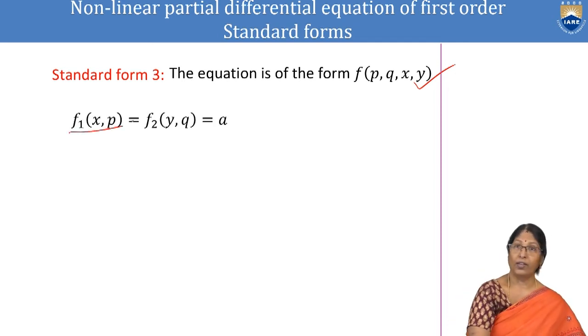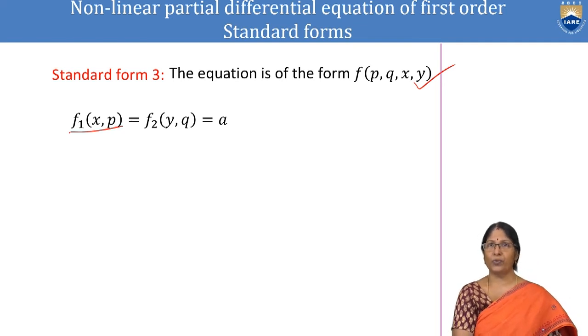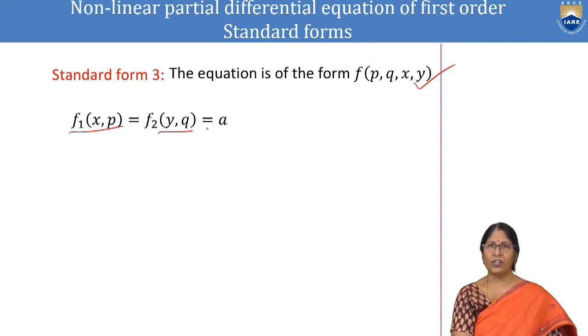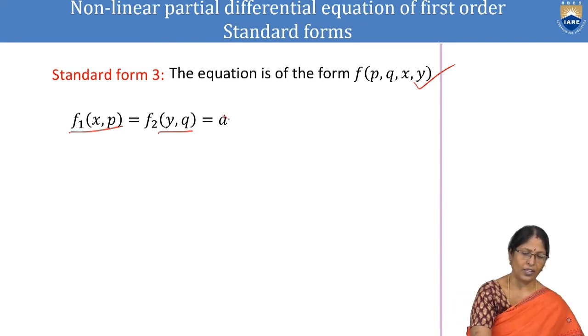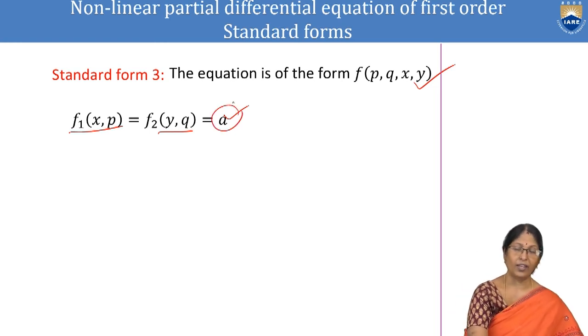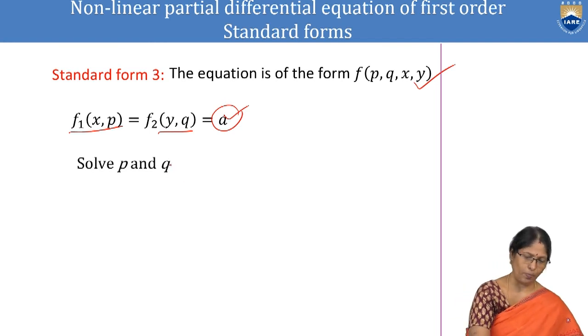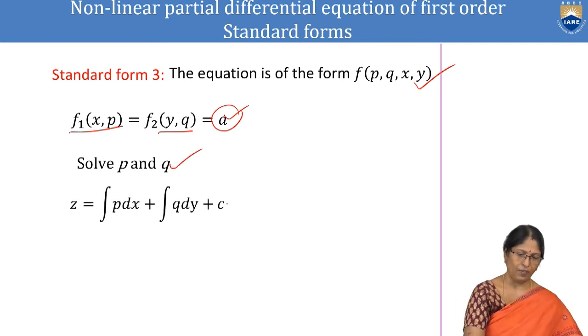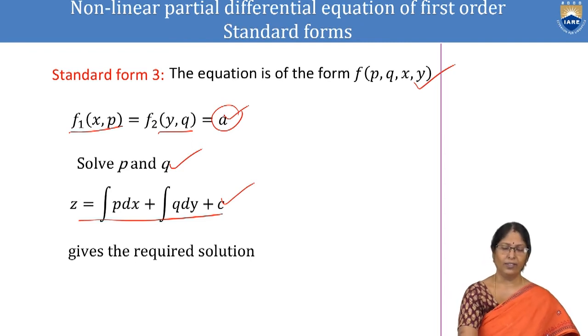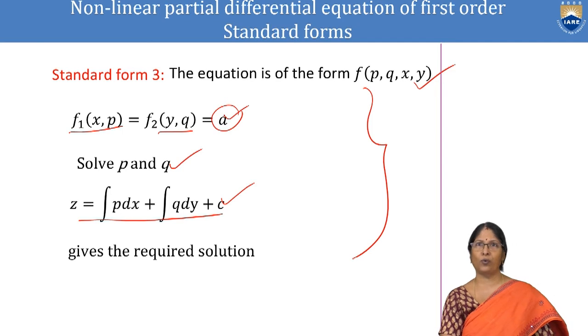In the given equation, the x and p terms are grouped on one side, and the y and q terms on another side, and they are equated to some arbitrary constant named a. We will solve for p and q, and substitute p and q in the integration. We will get the required solution. These are the steps to be followed for standard form 3.